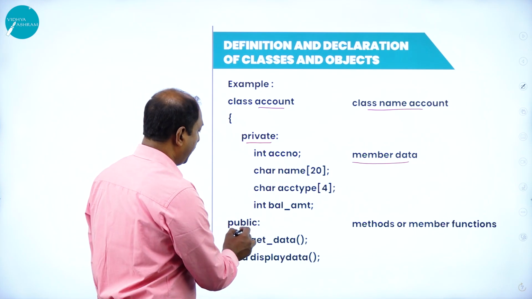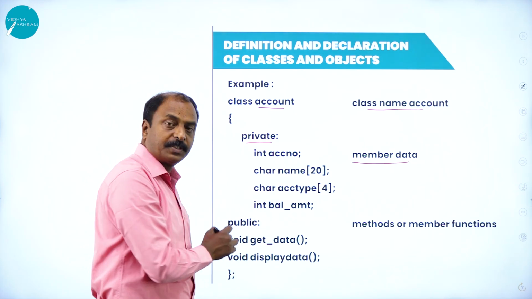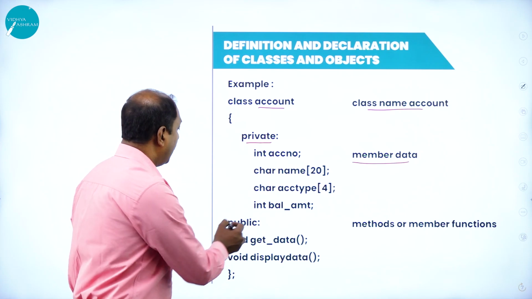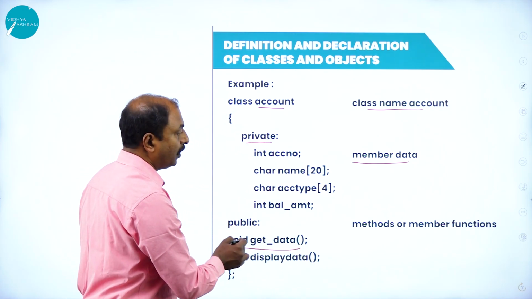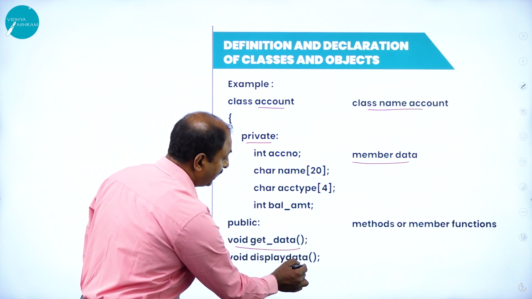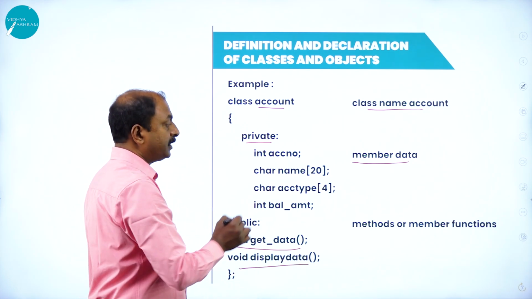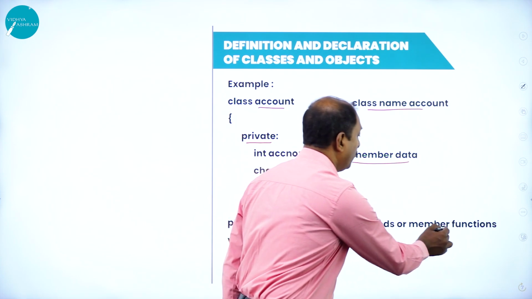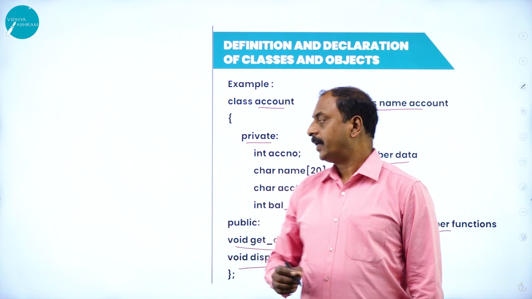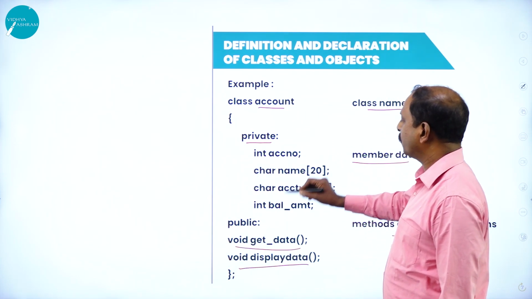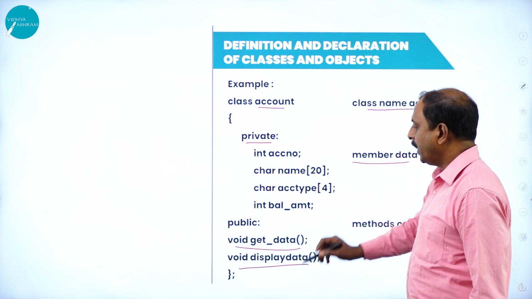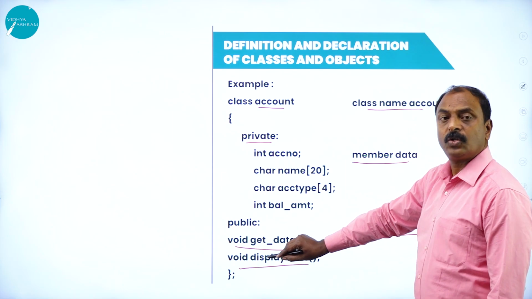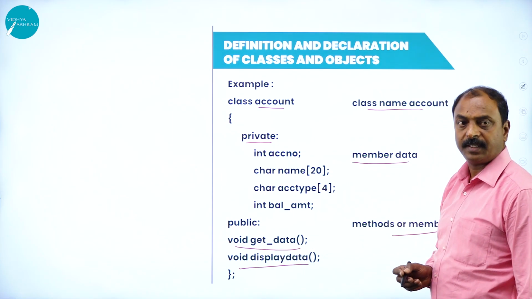Under public, we have another access specifier, the public access specifier. Under this, we have void get data, which is a member function, and void display data, which is another function. So in this example, we have 4 data members and 2 functions which are going to operate on these data members.